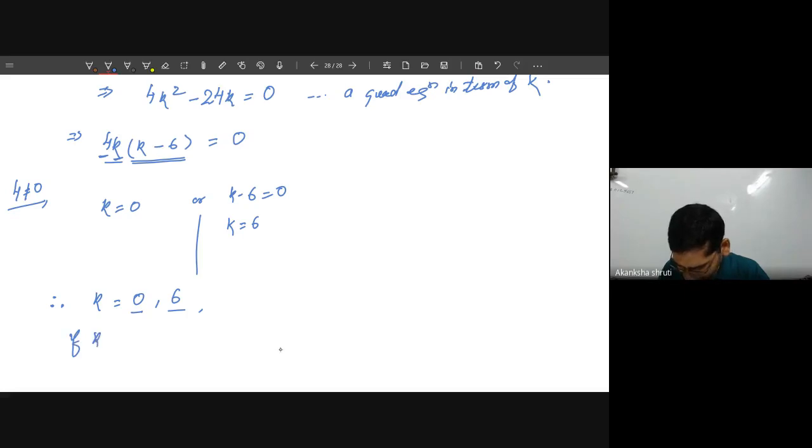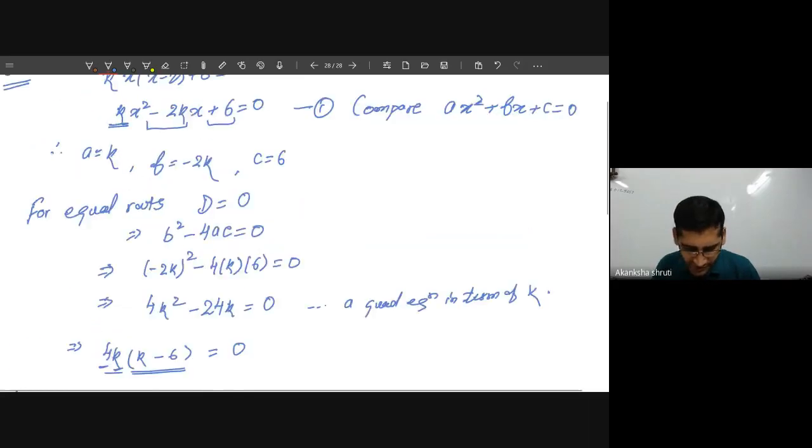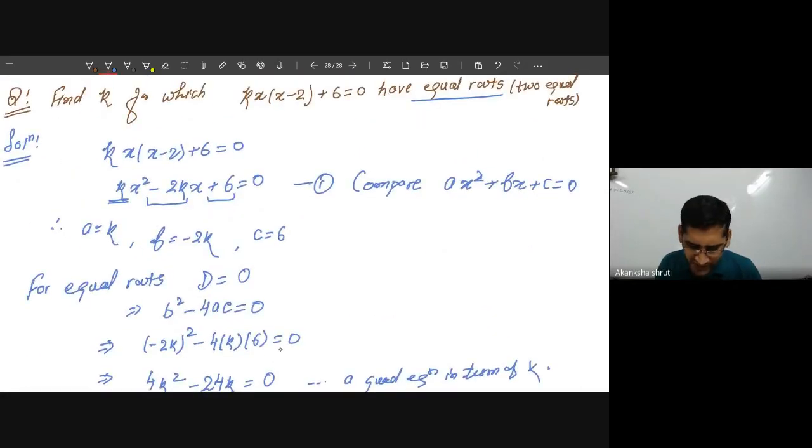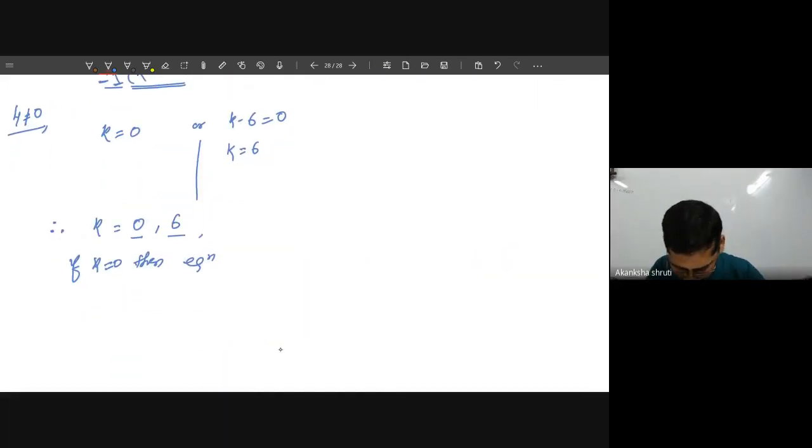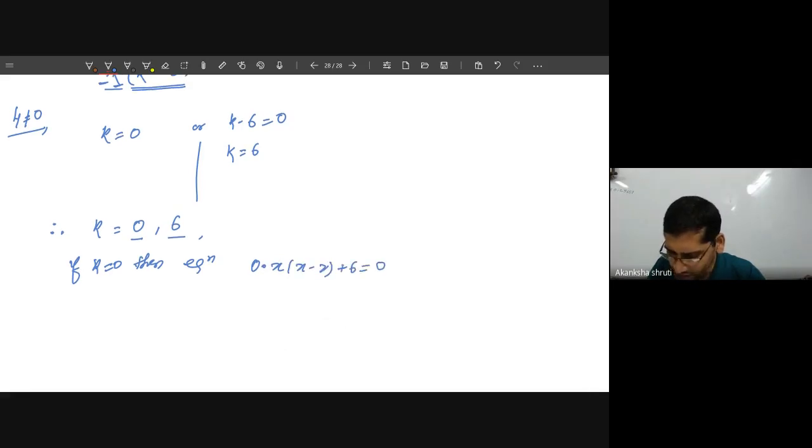If k equals 0, then how is the equation? The equation is this one: kx(x minus 2) plus 6 equals 0. With k meaning 0, 0 into x(x minus 2) plus 6 equals 0.